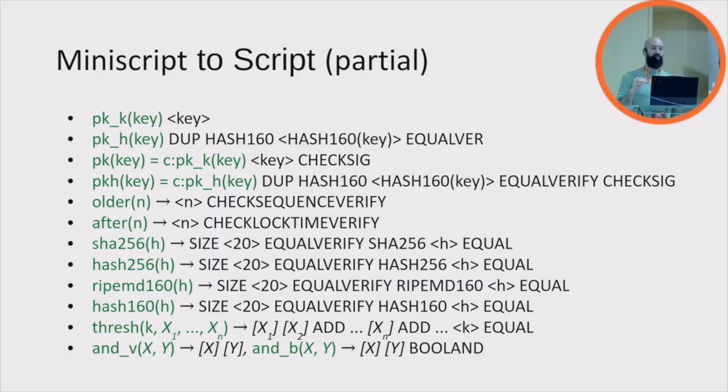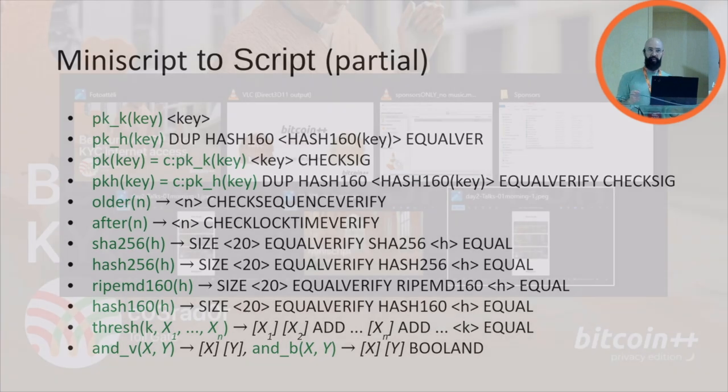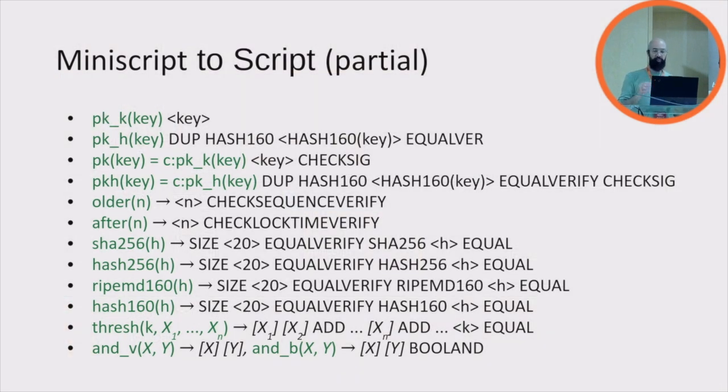Now, as I said before, the implementation of policy to Miniscript is implementation dependent. But the mapping of Miniscript to script is one-to-one, and you will always get the same result. This mapping is also from the official site. And we have the basic key operations.